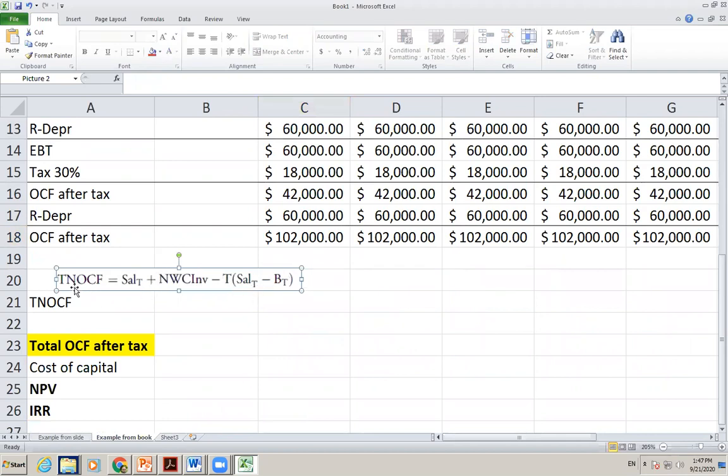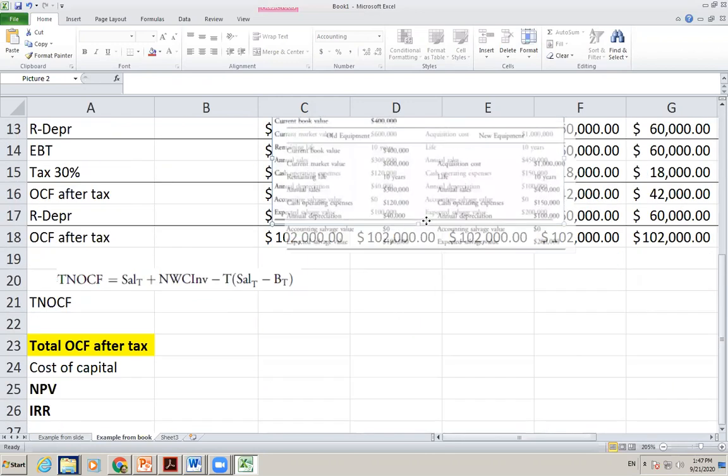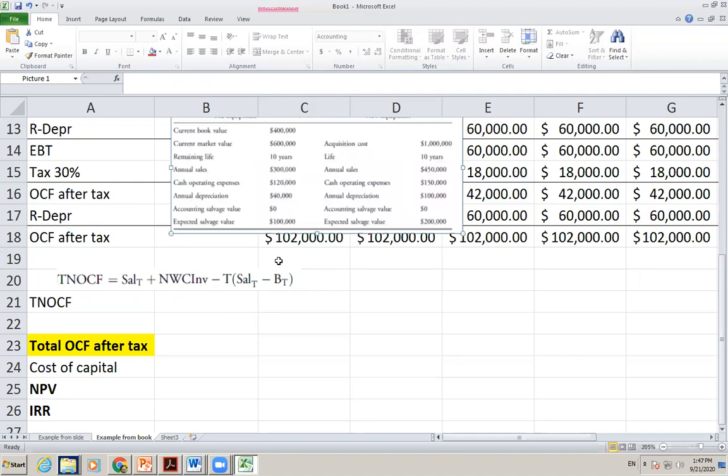Now, terminal non-operating cash flow is equal to salvage value plus change in net working capital minus tax on whatever you gain. Basically, this is the formula.